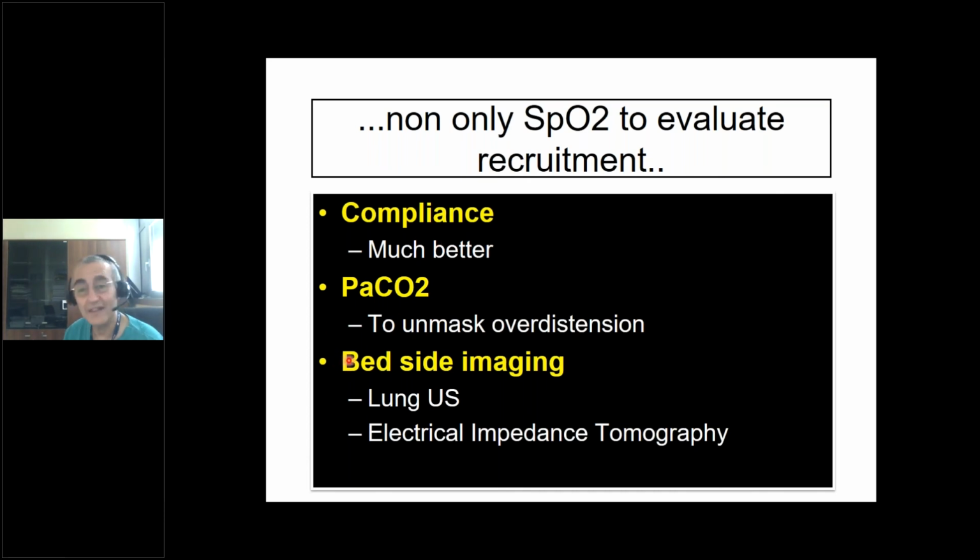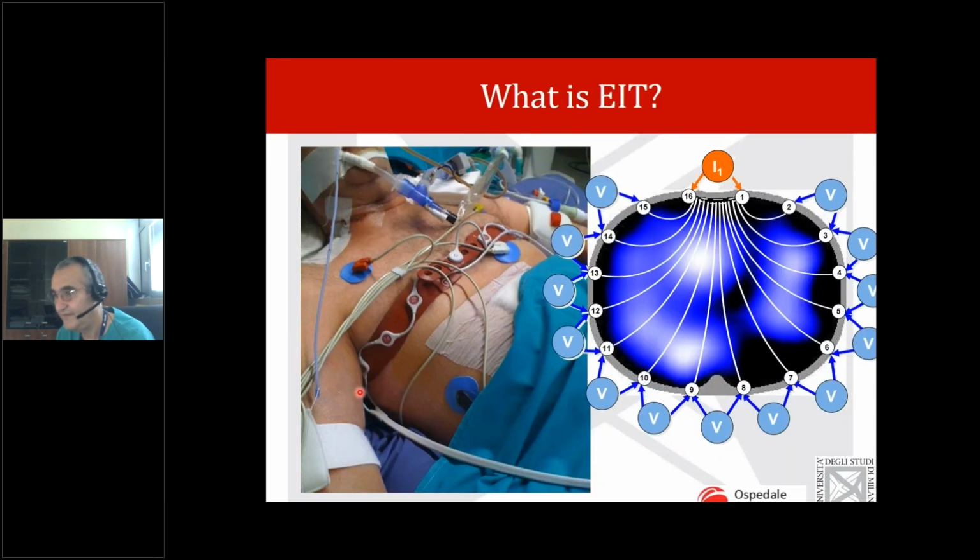Then there are other systems, bedside lung ultrasound or electrical impedance tomography, that make the selection of the PEEP value much more precise and help to understand whether the patient is or is not recruitable. I want to concentrate on EIT.